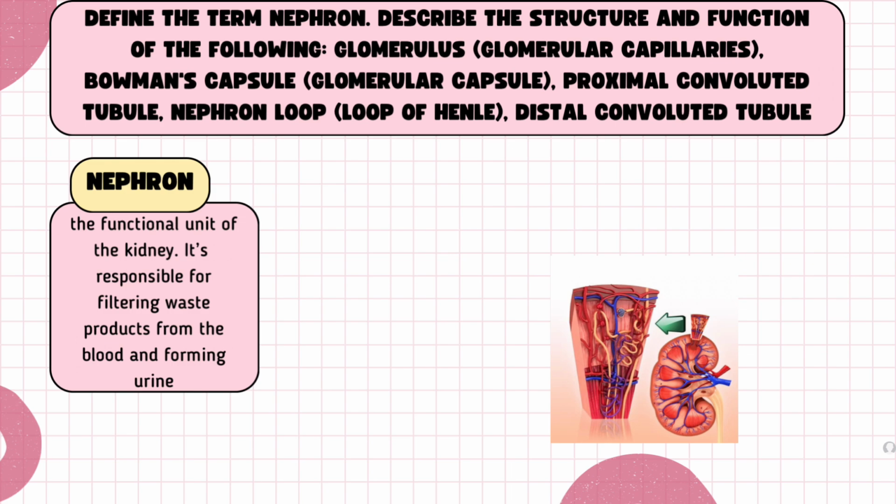Distal convoluted tubule. This is going to be another coiled segment of the nephron tubule where fine-tuning of the urine composition occurs through selective reabsorption and secretion of ions and other substances based on the body's needs.